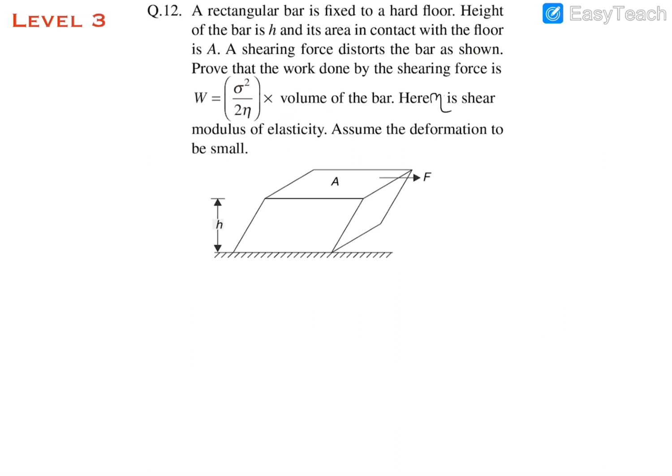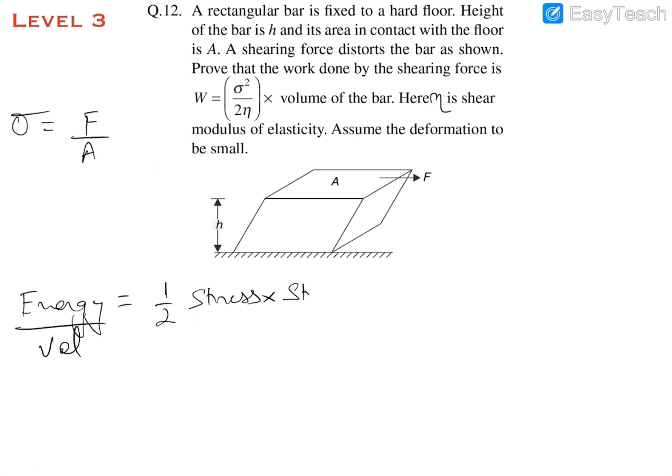So first of all, let us find out the sigma. So sigma is F upon area. And we know that the energy stored in the wire per unit volume is equal to half stress into strain. So this is half, stress is sigma, and strain can be written as stress upon shear modulus.